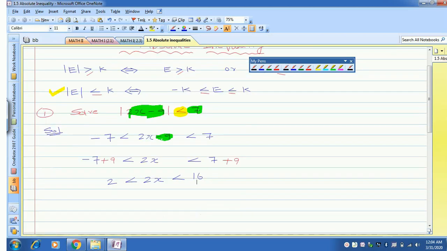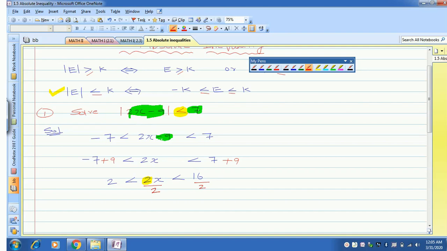Divide the entire equation by 2. Why are we dividing by 2? Since you have 2x and I want only x, divide the entire equation by positive 2.